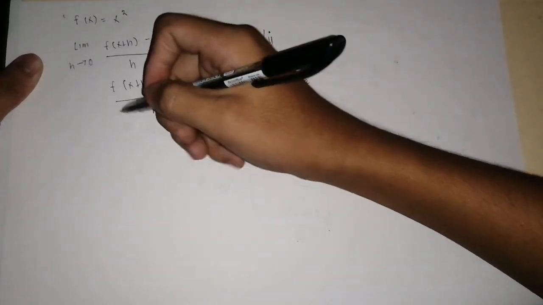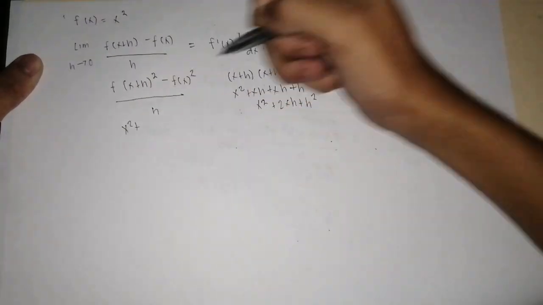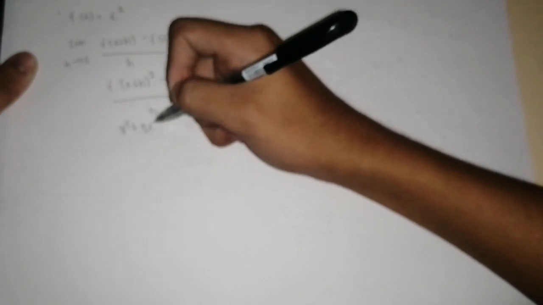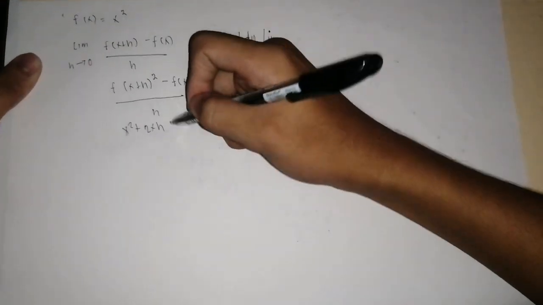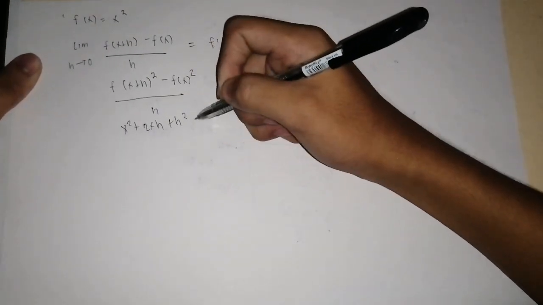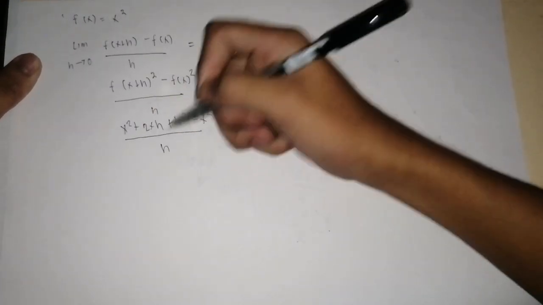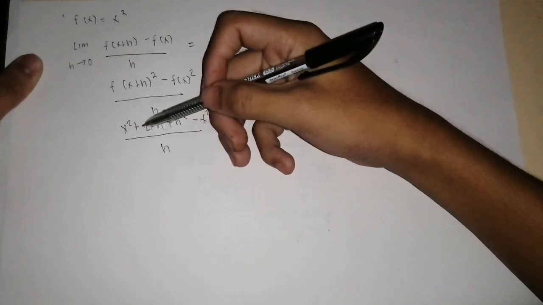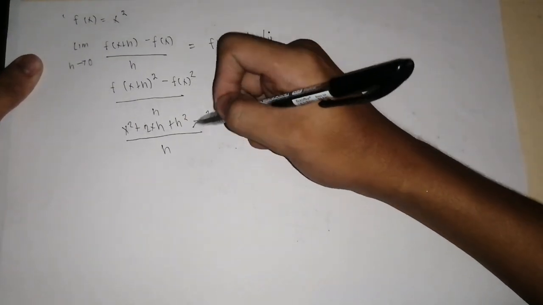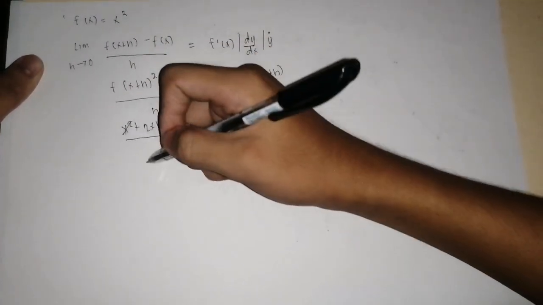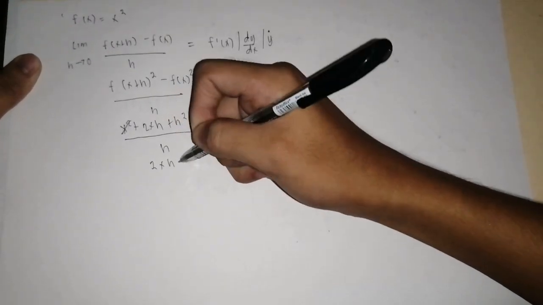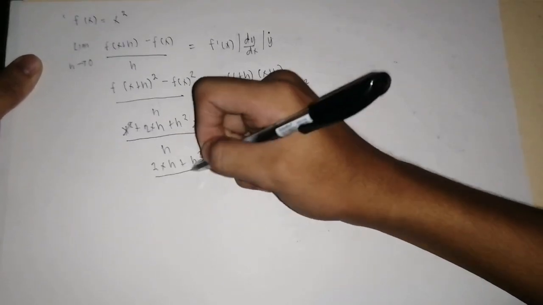So, ang value niya dito is x squared plus 2xh plus h squared minus x squared over h. Then, x squared minus x squared is maka-cancel out. Then, ang matitira na lang is 2xh plus h squared over h.